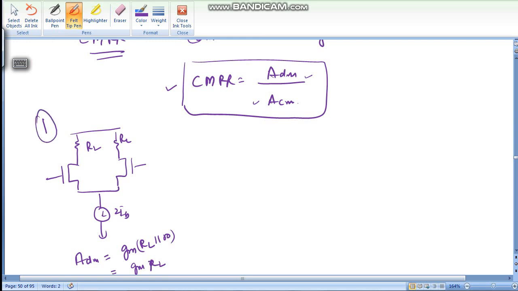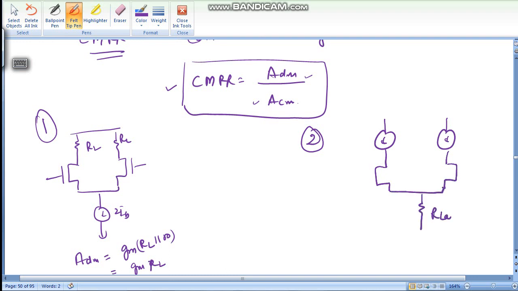Now let's find out CMRR for this kind of circuit. Okay, this is R tail. This is VDD.